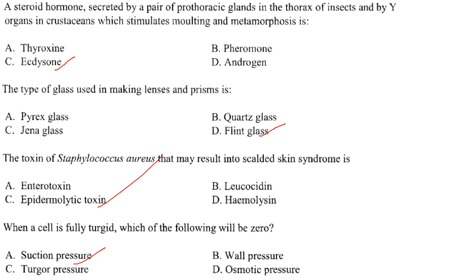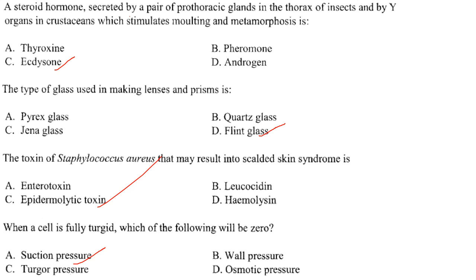Then the toxin of Staphylococcus aureus that may result in scalded skin syndrome is... It is epidermolytic toxin. Answer is option C. Then when a cell is fully turgid, which one of the following will be 0? So suction pressure will be 0. This is also a repeated question.